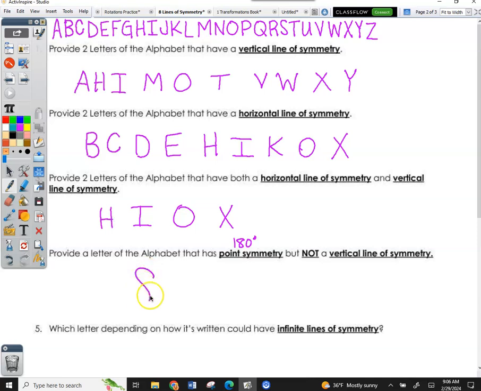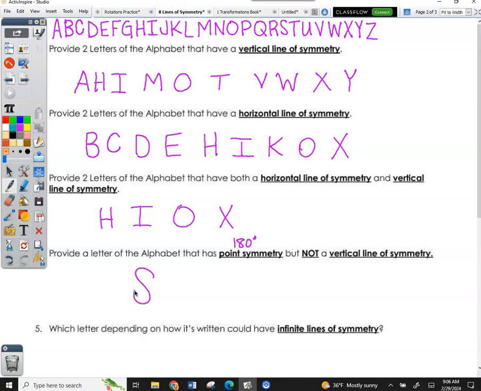S. If you draw an S on your paper, look at it, turn your paper upside down, is it still the correct S? Yes. Now go back to the S. Can I fold the S from left to right to match? No. So that definitely works.